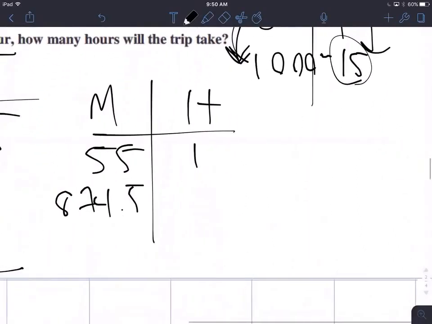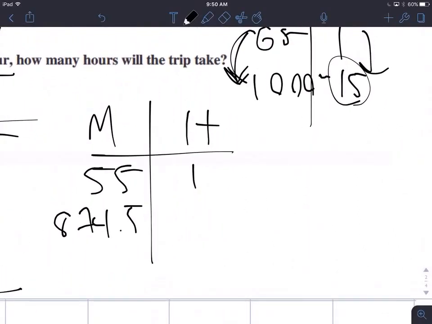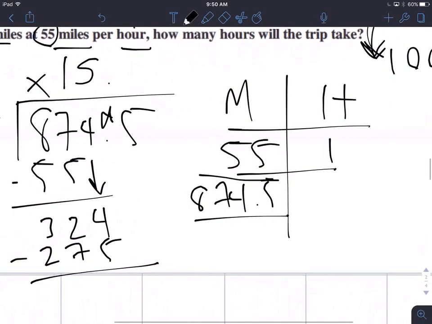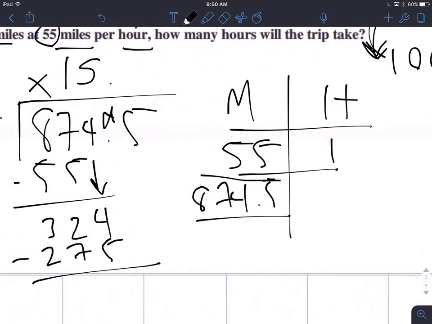All right, last one. Miles per hour. How many hours will the trip take? I love this question because I love multiple choice sometimes like this. All right, 55 miles per 1 hour. We've got 874.5 miles. We start dividing, and you see that you end up with a 15 right off the bat. 55 can go into 87 once.